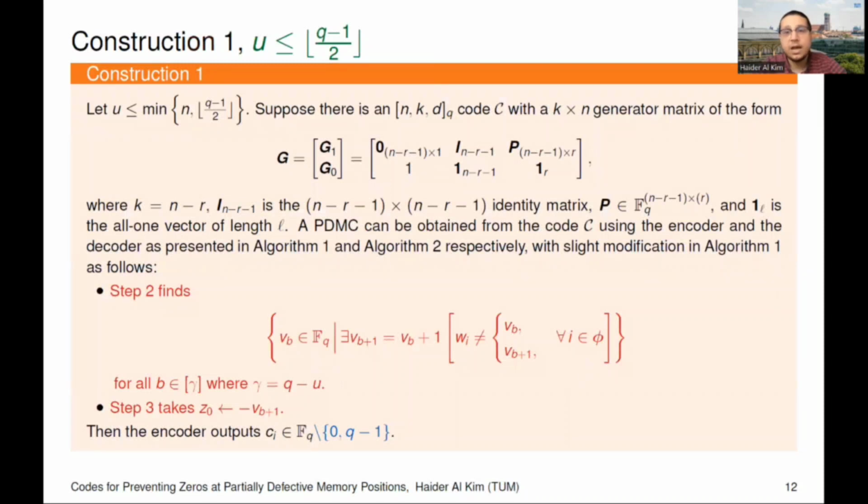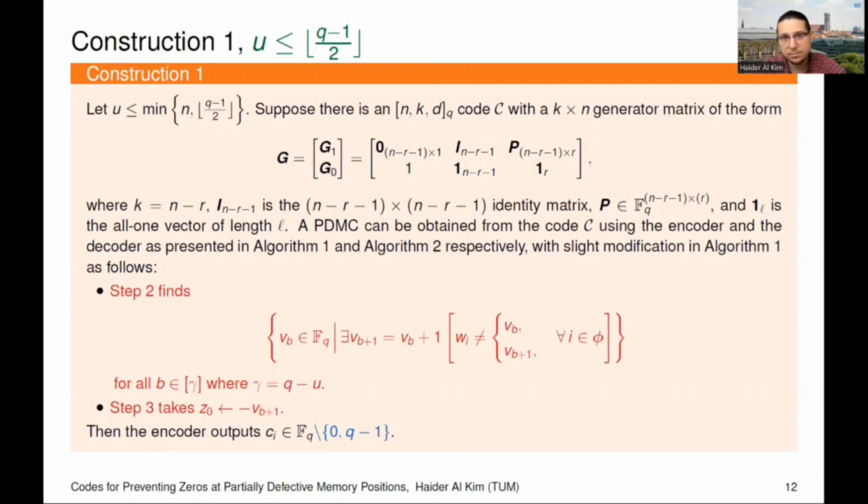So now we come to the main contribution in our paper, which is a modification of a construction given in [3]. We take algorithm 1 from the previous work, recall it here again, and modify step 2 and step 3 so that we can guarantee that when an error occurs in a partially defective position, the outcome will not lead to 0 value.